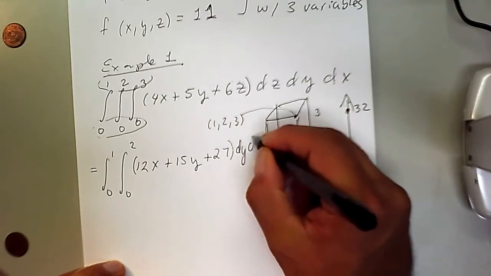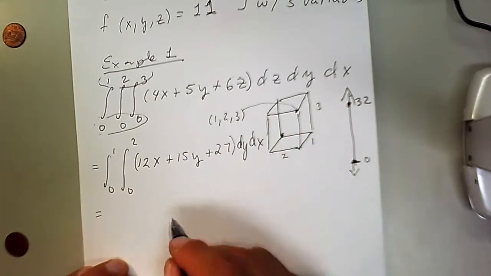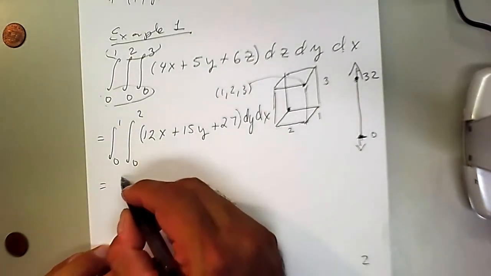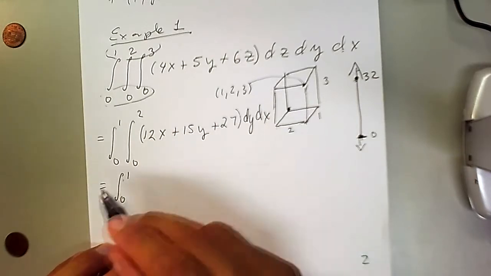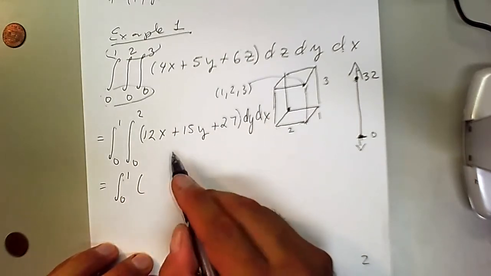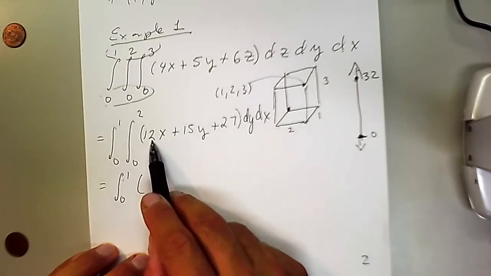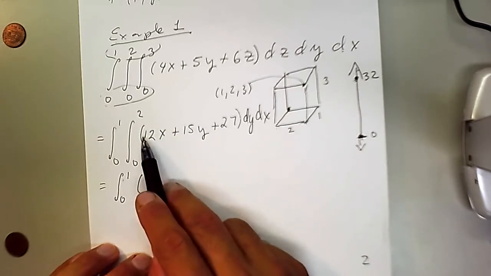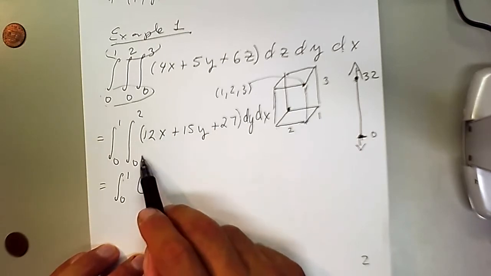Okay, so now we have a double integral, which we already know how to do from previous videos. We're integrating with respect to y, so x is constant. Using the fundamental theorem of calculus, we're going to end up with 12xy as y goes from 0 to 2.